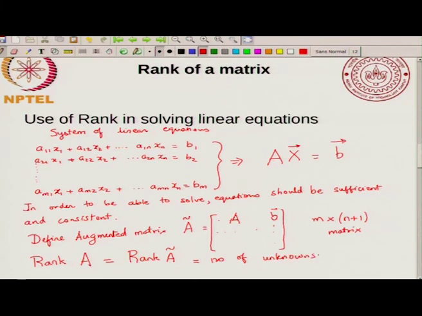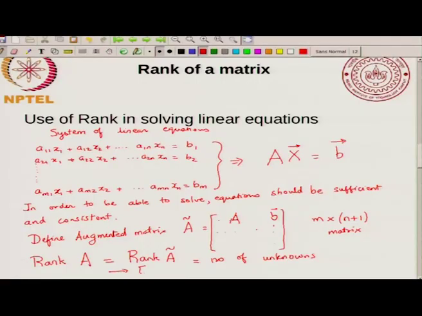If this condition is satisfied, then you know that the equations have a unique solution.